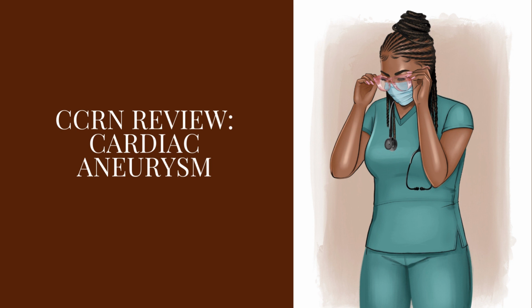You have false aneurysms that don't involve all the layers of the artery. You have true aneurysms that involve all the layers of the artery walls. You also have saccular aneurysms, which is an outpouching from an artery wall due to thinning and stretching of that particular area of the artery wall.